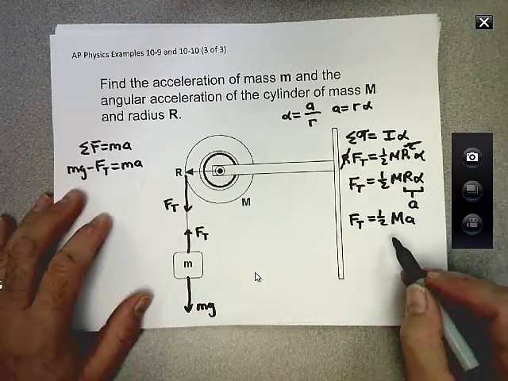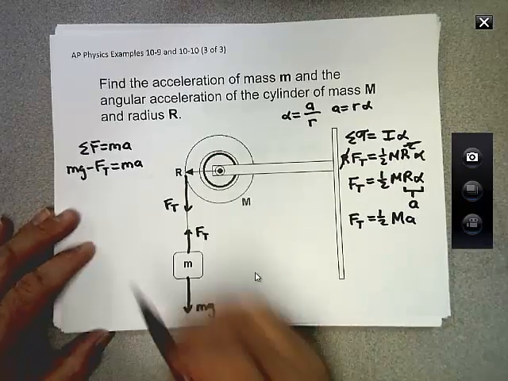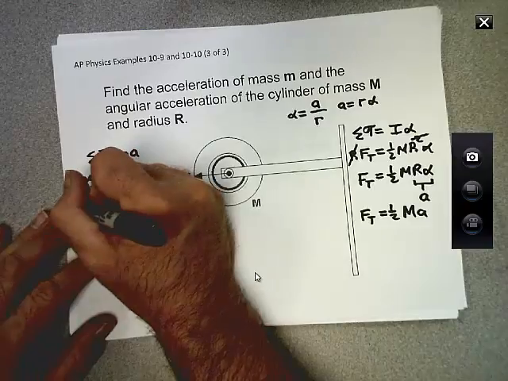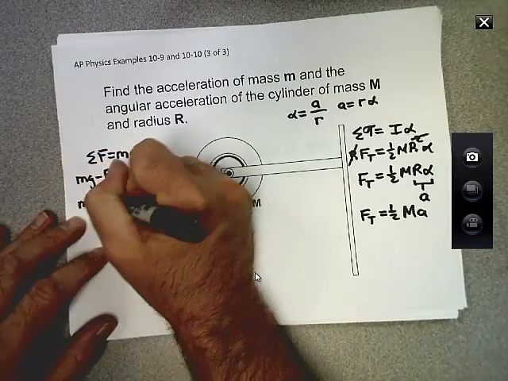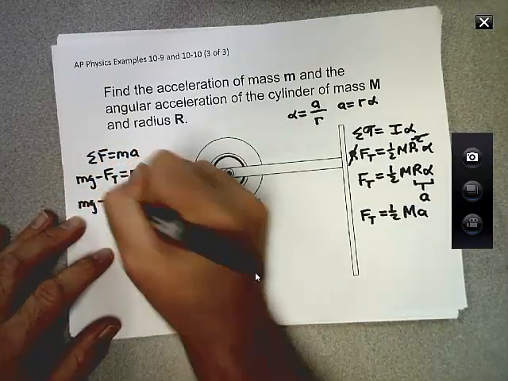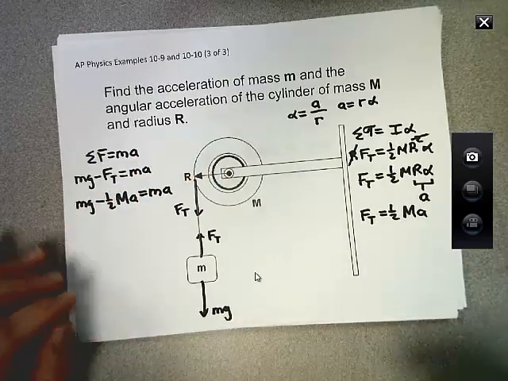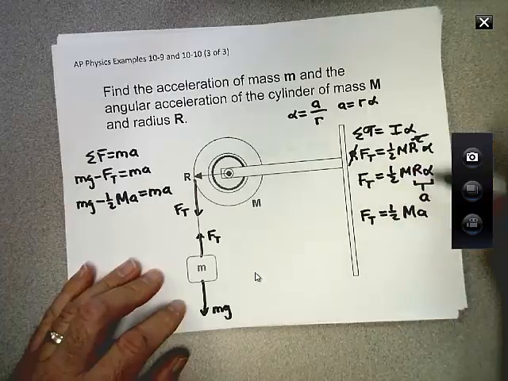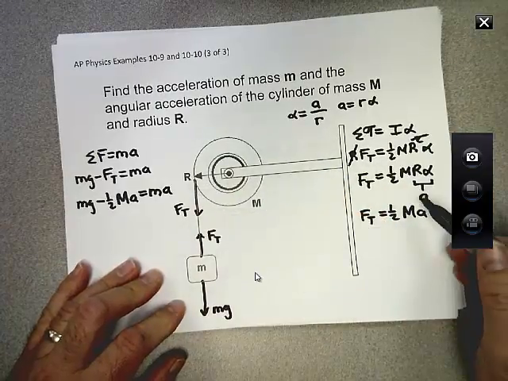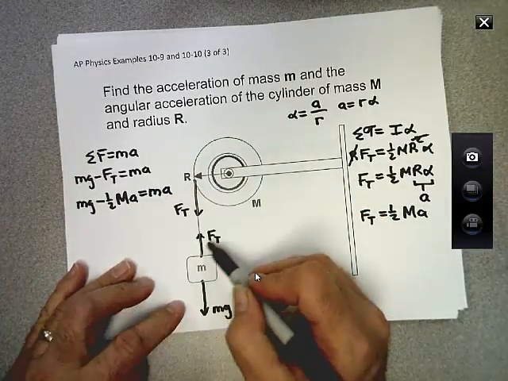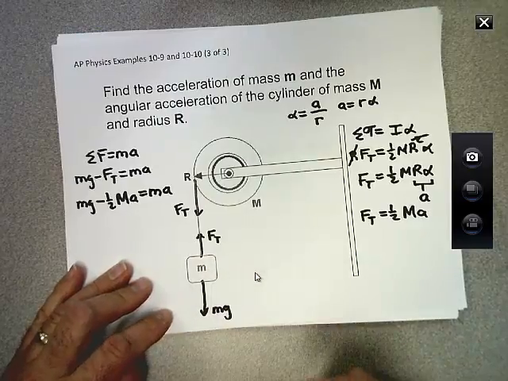So if that's the case, we can bring this back to our F equals ma and say mg minus 1/2 the mass of the pulley times the acceleration equals ma. So in other words, we can bring what's true over here about the tension in the string over to here when we're talking about the tension of the string on the mass.